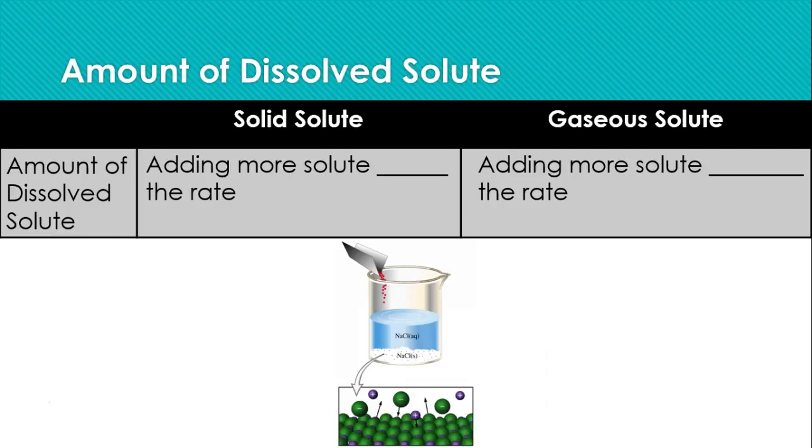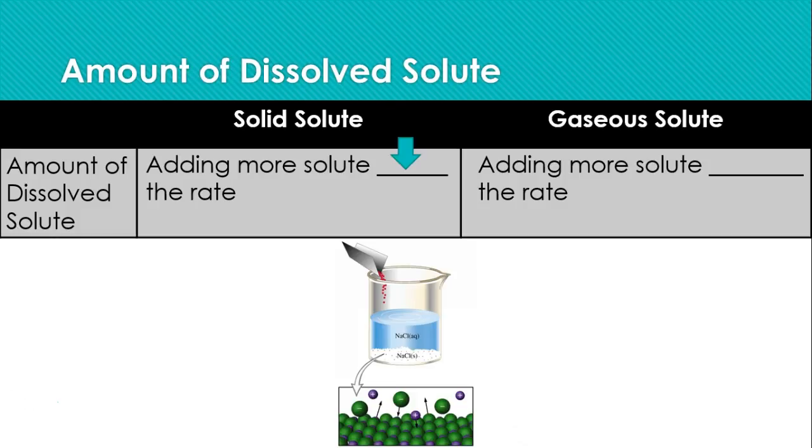About the amount of dissolved solute. So the amount of dissolved solute, that's how much is in it already. So if you add more solute to a solution, what will that do to the rate? It will actually decrease the rate. So if you keep trying to add more and more salt because it's not dissolving, it's actually going to have the opposite effect than what you think.